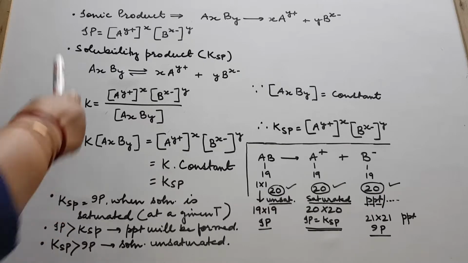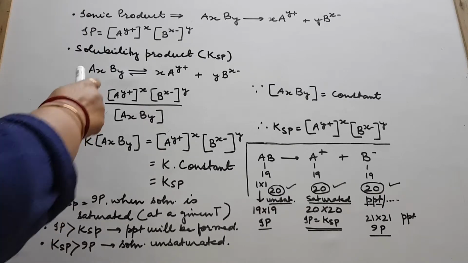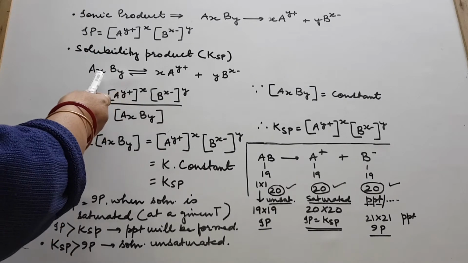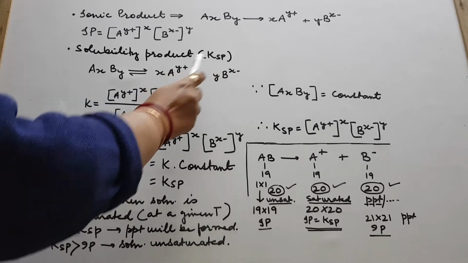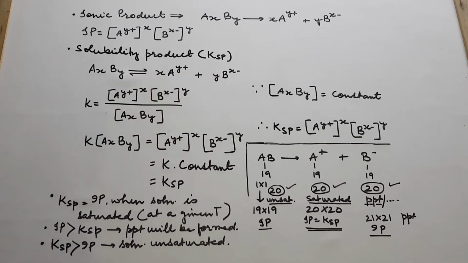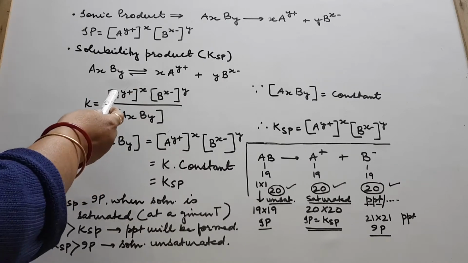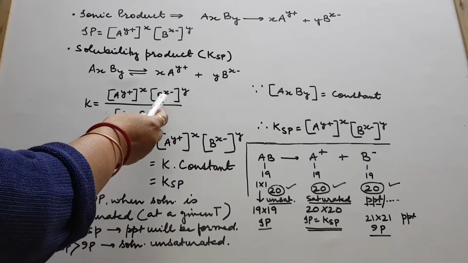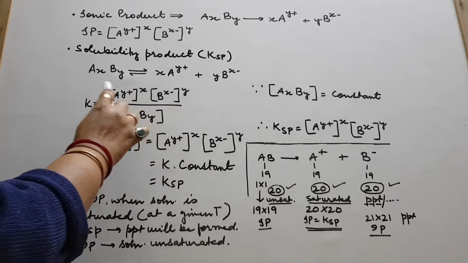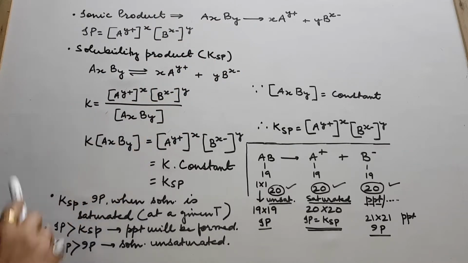Now, solubility product. Again, this is AxBy, breaks up into, forget about the charges, x times A and y times B. So at any point of time, if you go for K at equilibrium, it will be [A]^x [B]^y upon [AxBy].